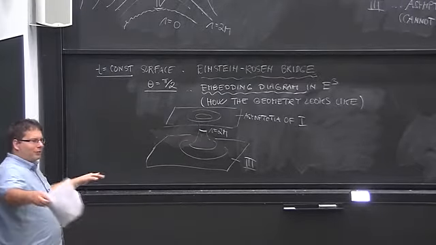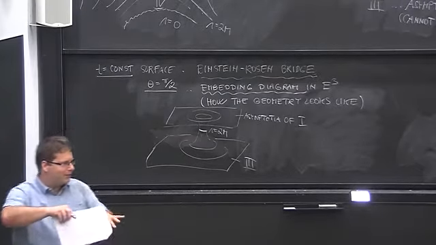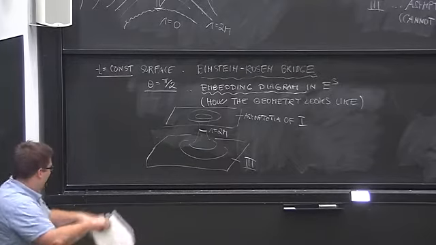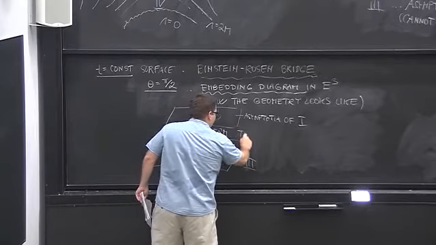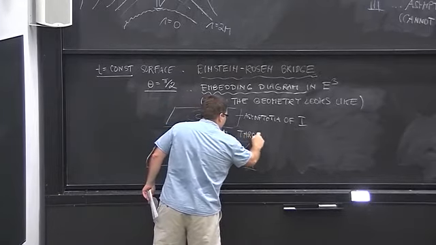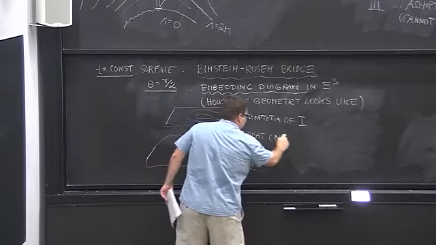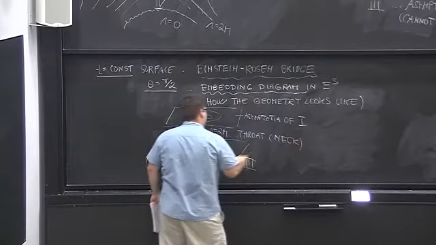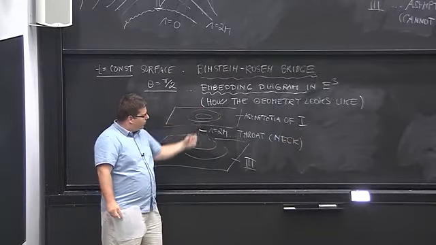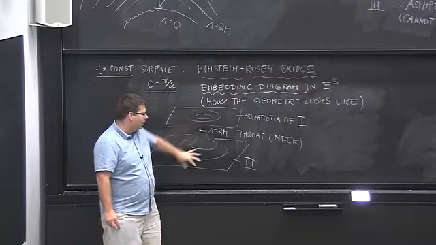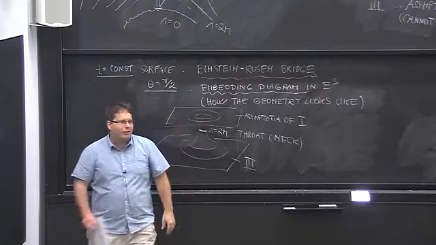Okay, so a wormhole is something which goes from asymptotically flat space through some throat. So this is the throat, or neck, or whatever. And then we have one asymptotically flat space here, and connected is this tunnel to another asymptotically flat space here.